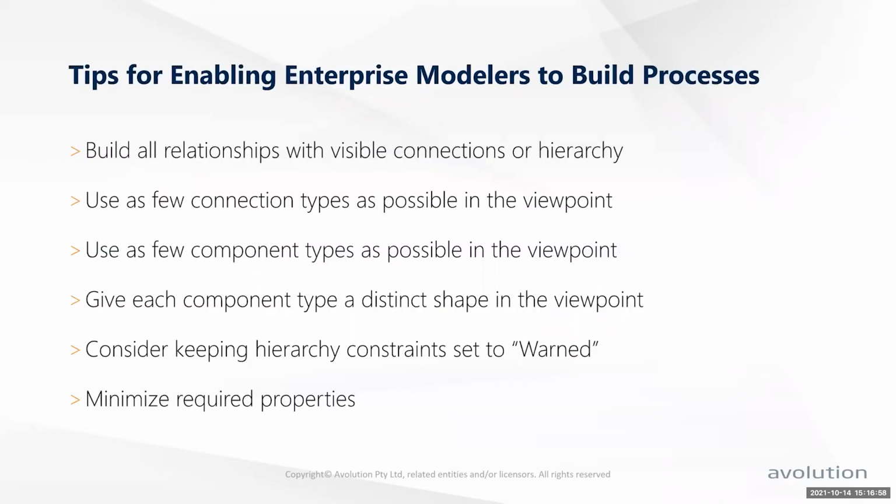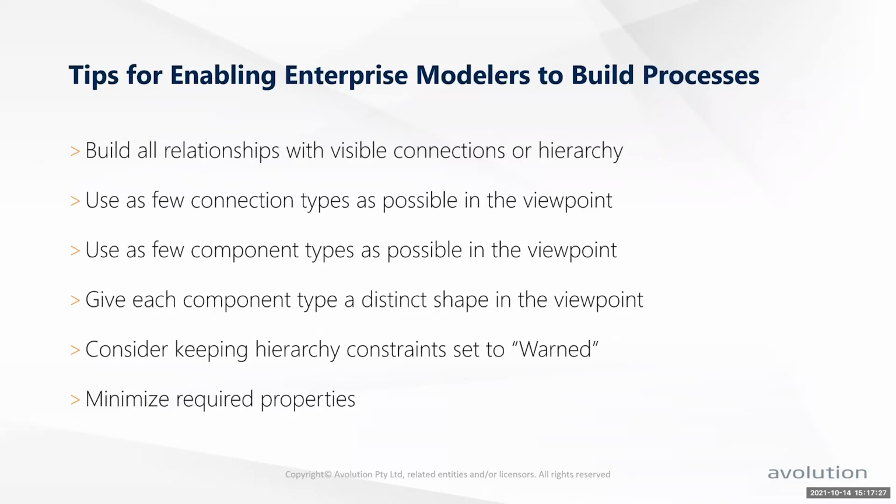So a few tips for enabling enterprise modelers to build processes is to first build all relationships with visible connections or hierarchy. So don't use any float components. Make sure everything is very obviously placed within its hierarchy or built using a connection. Try and use as few connection types and component types as possible in the viewpoint to make it simple and easy.